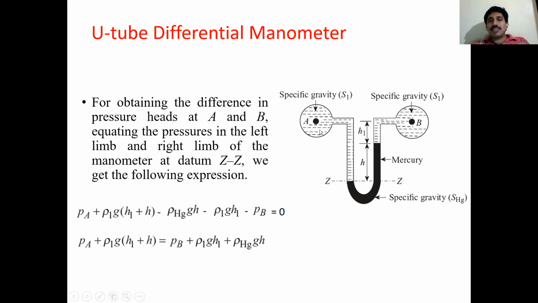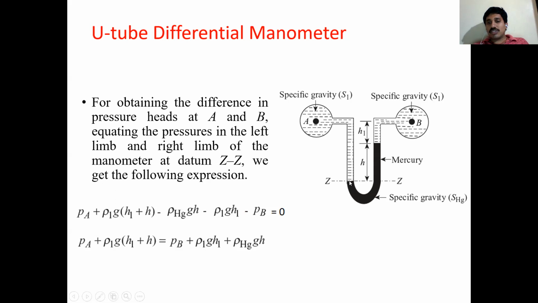So this pipeline is connected to the U-tube manometer left limb. So the liquid in pipeline A is moving into the left limb of the U-tube manometer and going downwards with a certain amount of pressure head. So the head value is H1 and H1 plus H. So finally this liquid has reached here, where the second liquid level starts.